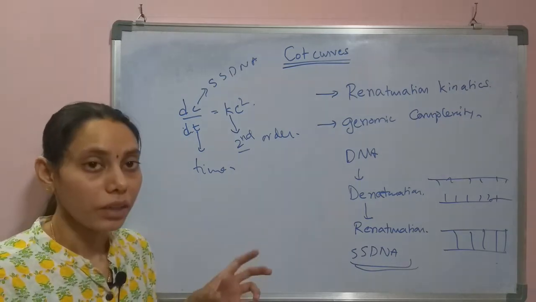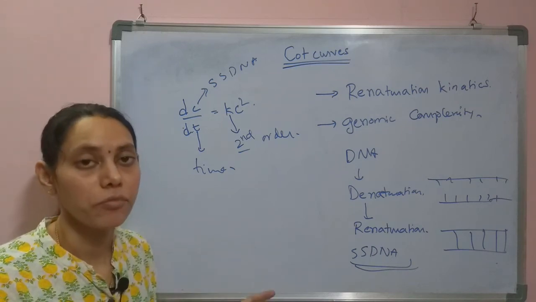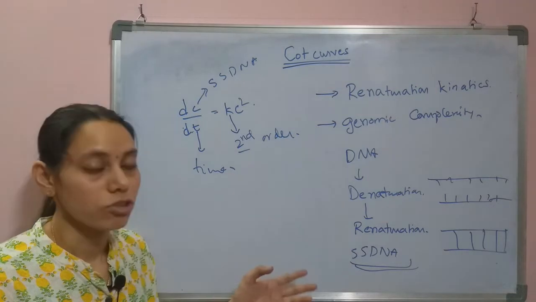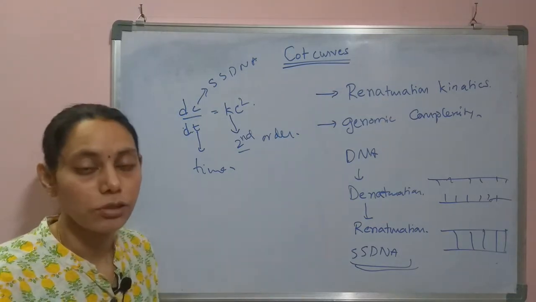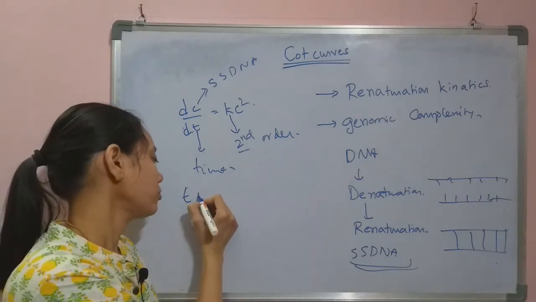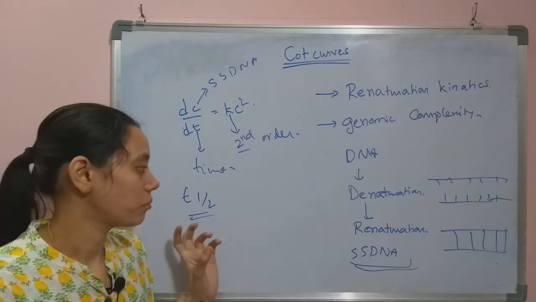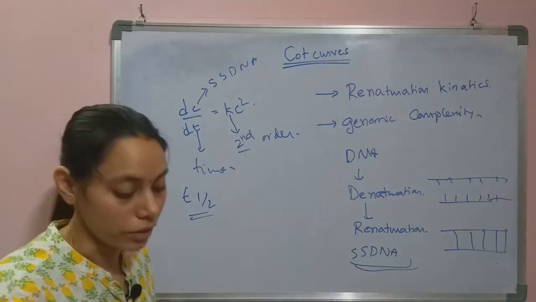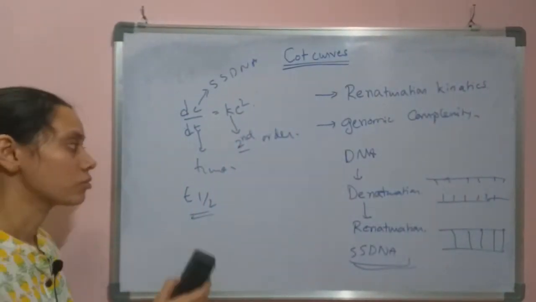Here the half time for the renaturation, or the time taken for half of the DNA to renature, will be considered as t half. This is mostly calculated to understand the renaturation kinetics of the DNA.